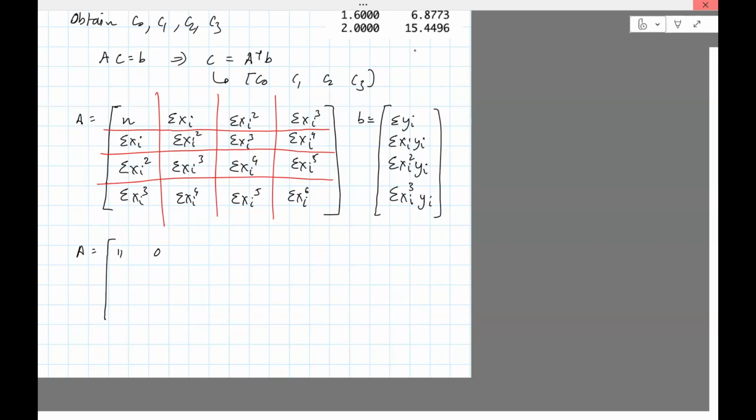11, 0, 17.6. Actually, you know what? Let me write it column-wise. 11, 0, 17.6, 0. The first column: 11, 0, 17.6, 0.